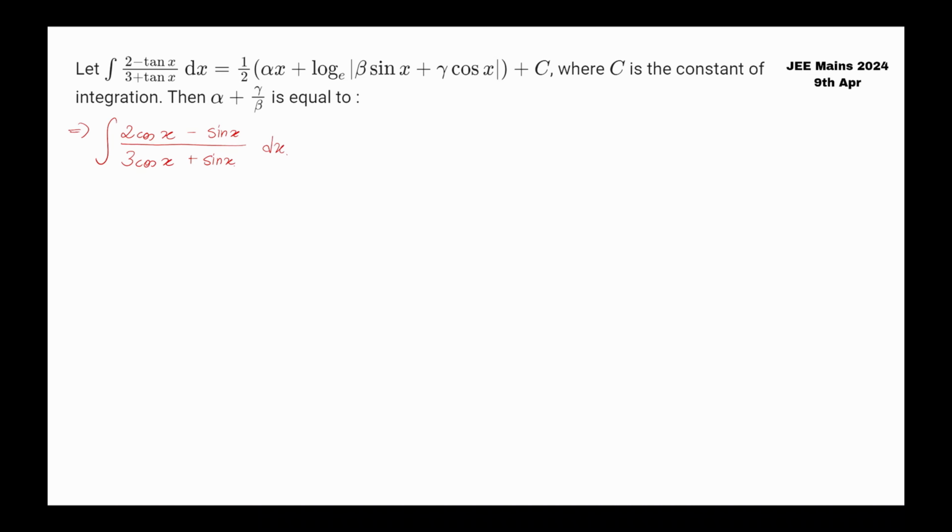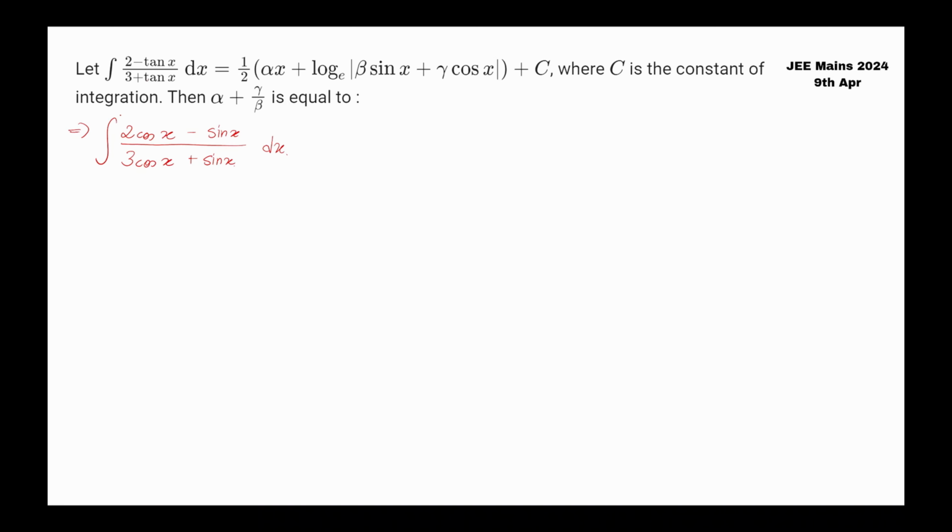So now if I look at this equation carefully, I can use the formula of partial fraction that we had studied. I know what is the differentiation of 3 cos x plus sin x. It is minus 3 sin x plus cos x. So what if I convert the numerator into two different terms where one of them is the differentiation of the denominator and the other one is the denominator itself, and I can use lambda and mu for my constants.